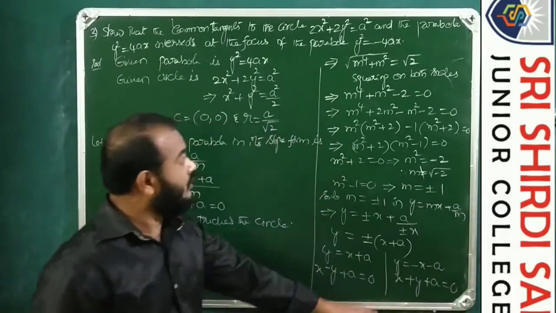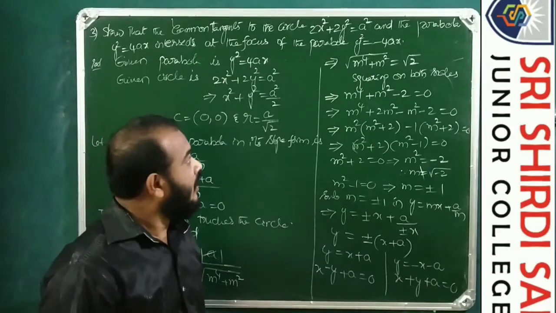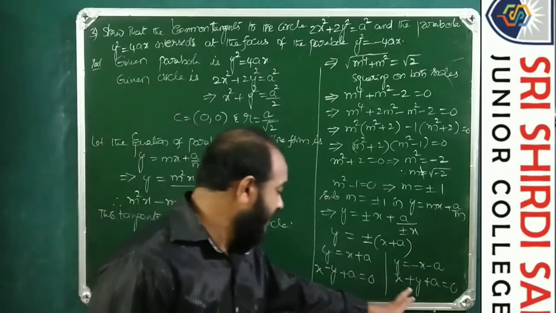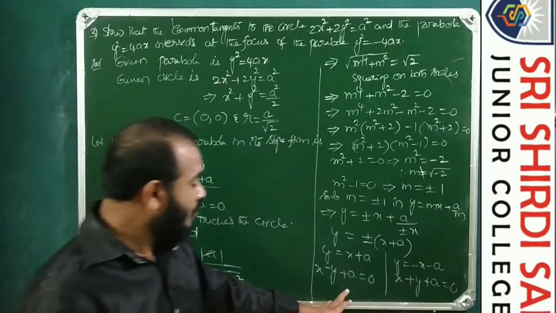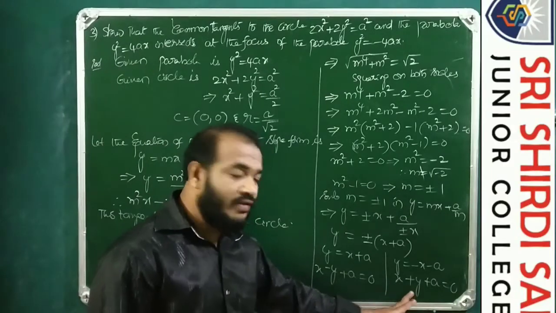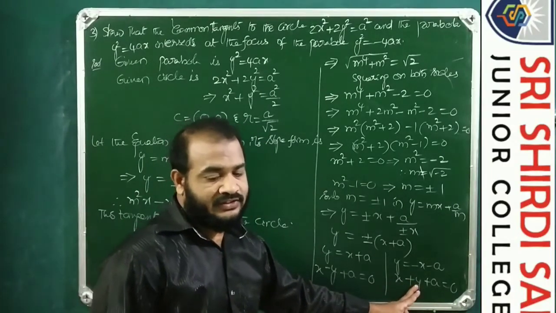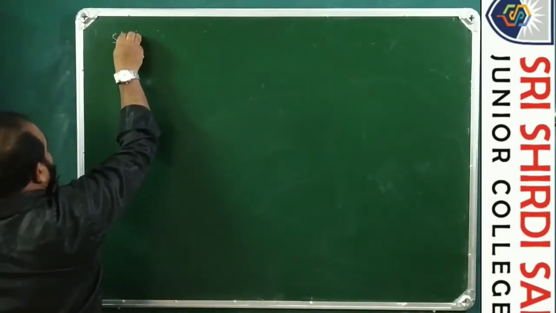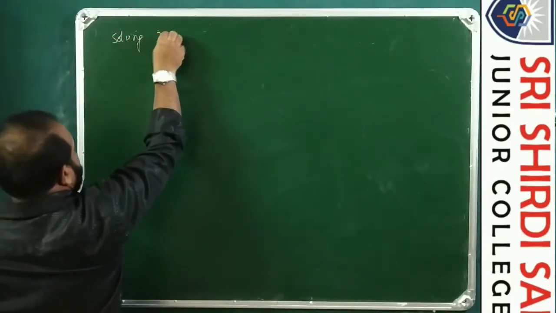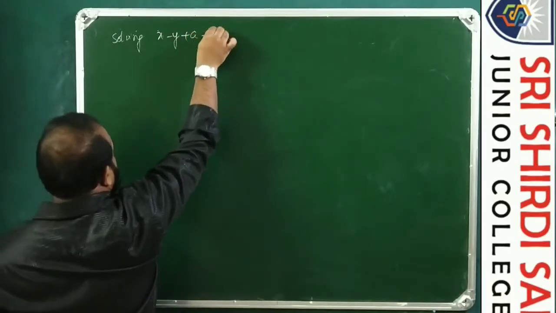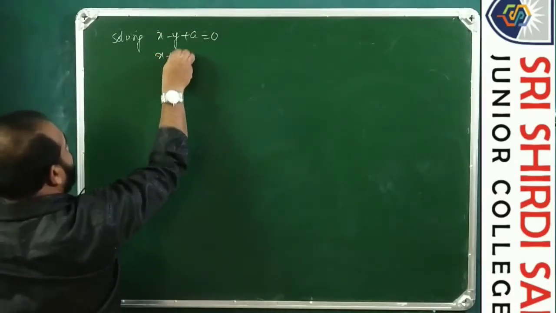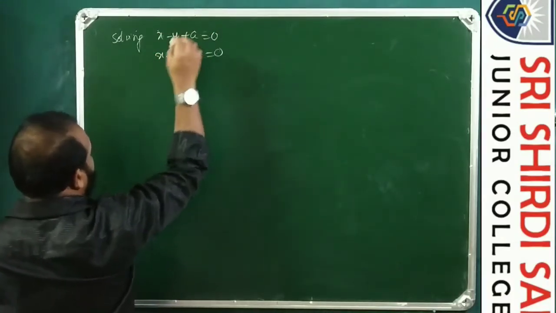So these are the two tangents, and the point of intersection of these tangents can be found by solving these two simultaneous linear equations. Solving x minus y plus a equals 0 and x plus y plus a equals 0.